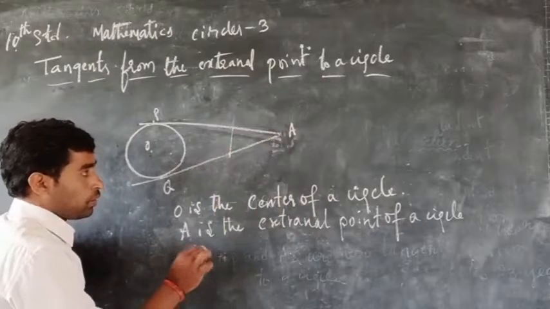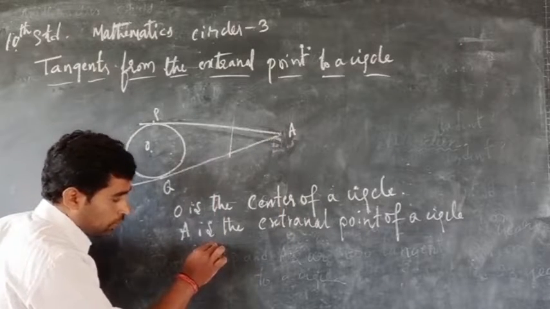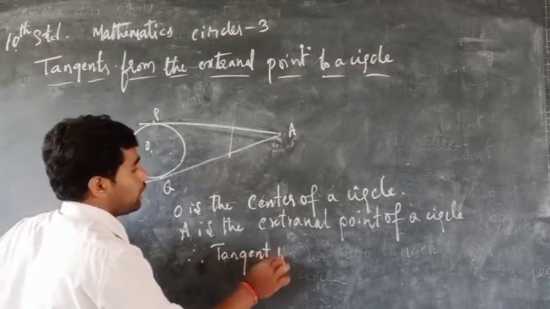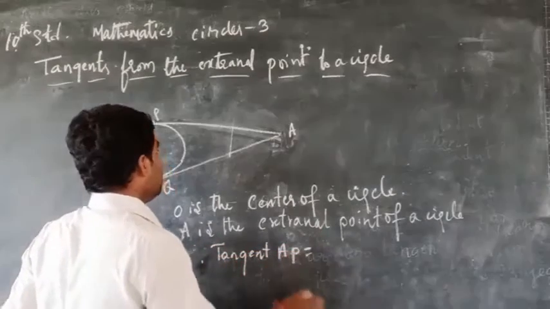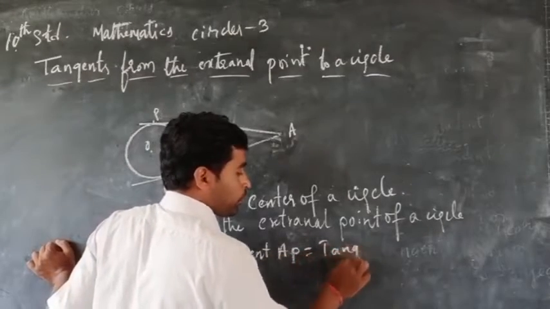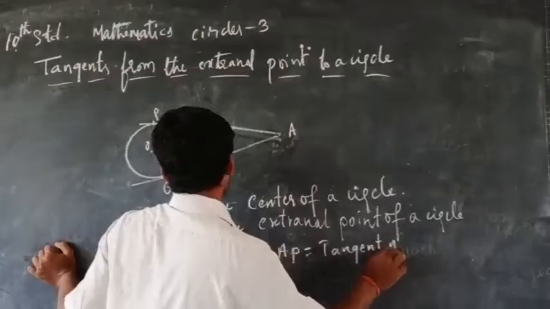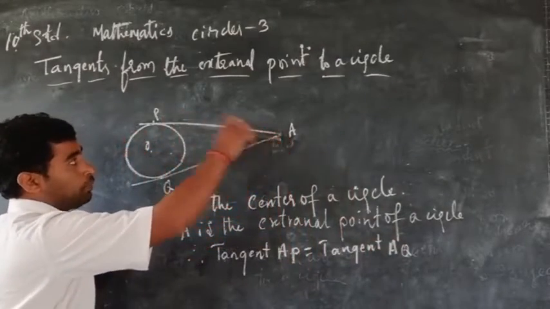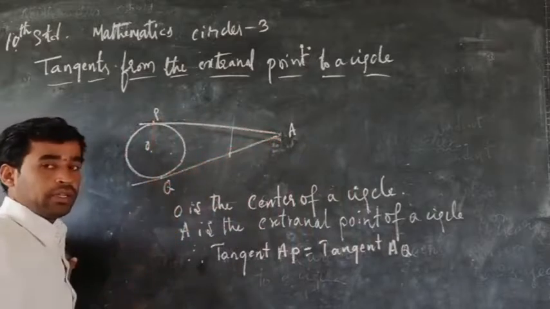Therefore, tangent AP is equal to tangent AQ. If you want, you can measure: the tangents from the external point are equal.